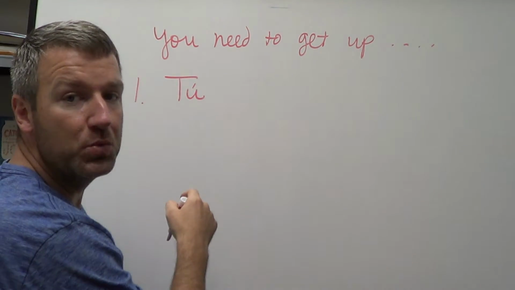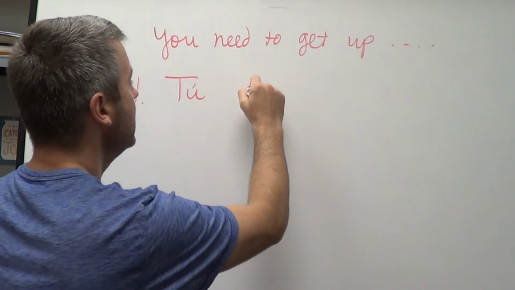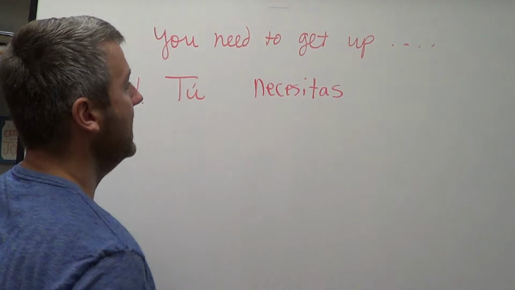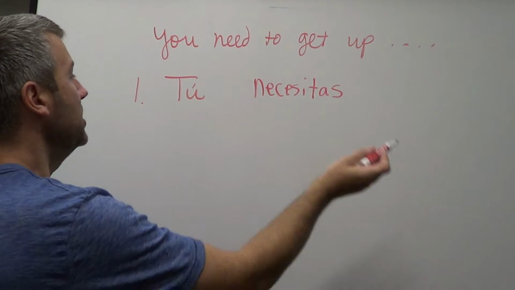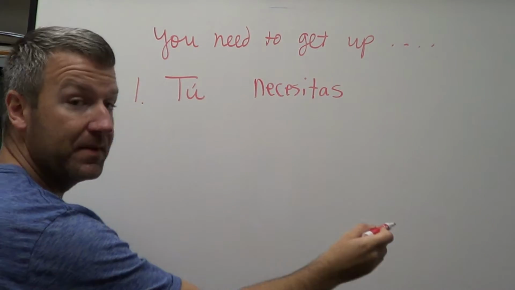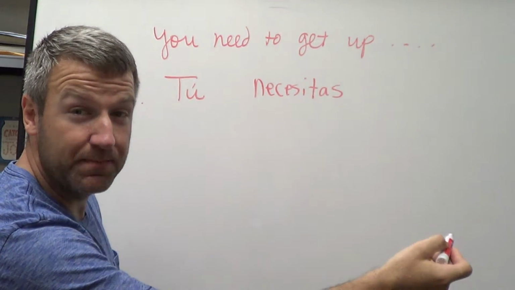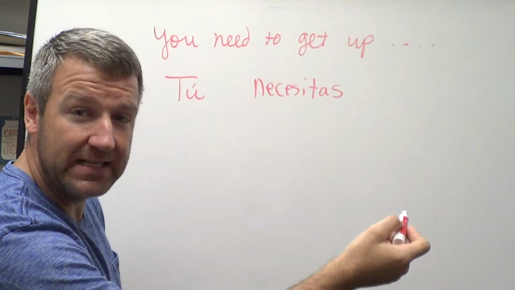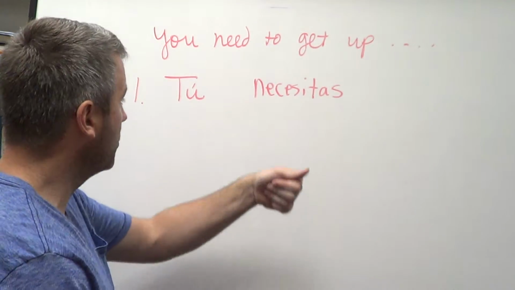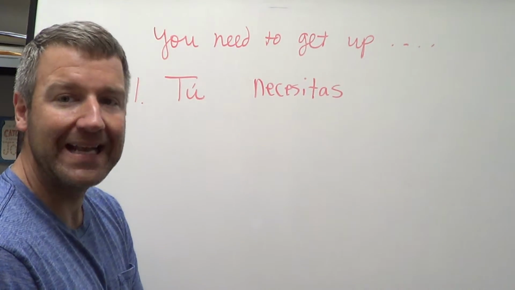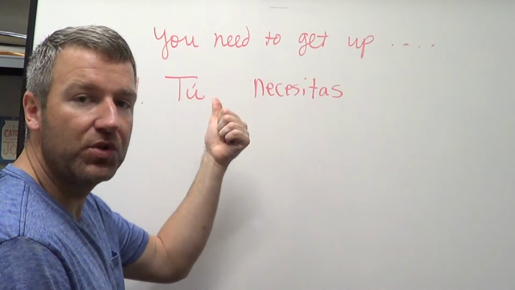Now, tú with need. How did we write you need? Tú necesitas, okay? So, to get up is what? Despertarse, right? Well, despertarse means to get up, but I need to show that relationship for you. So what reflexive pronoun would I need that corresponds to tú?